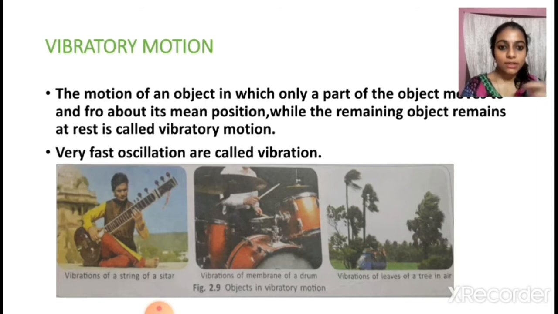No, only the string is executing the to and fro motion, isn't it? Not the whole body is moving. It is a part of the instrument that is moving, isn't it? So the motion of an object in which only a part of the object moves to and fro about its mean position, while the remaining object remains at rest, is known as vibratory motion. So this is known as vibration.